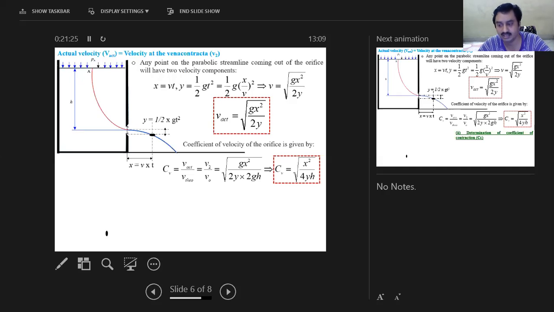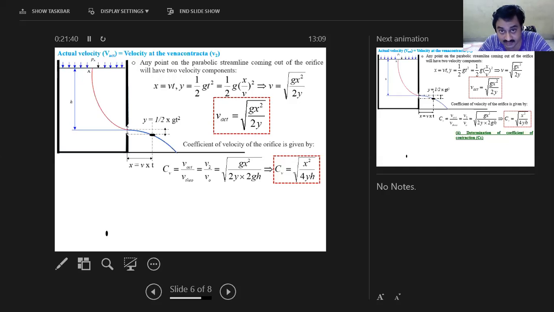So you could see that if I want to calculate CV, because in this experiment I have to find out three things: one is the coefficient of velocity, one is the coefficient of contraction, and one is the coefficient of discharge. So this is the coefficient of velocity, the first hydraulic coefficient CV.